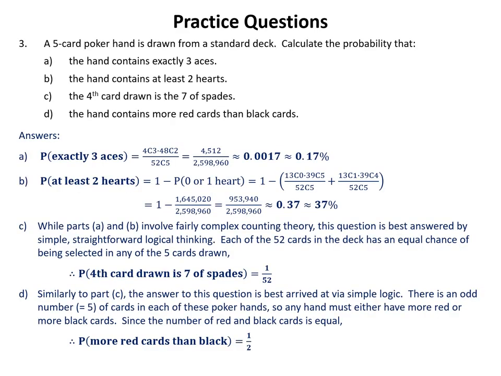For part A, we're looking for the probability of exactly 3 aces. To do this, we can conceptually divide the deck into two parts. There's a set of 4 aces and a set of 48 non-aces. Now the sample space will be the number of ways of picking 5 cards from 52, which is the number of cards in a standard deck.